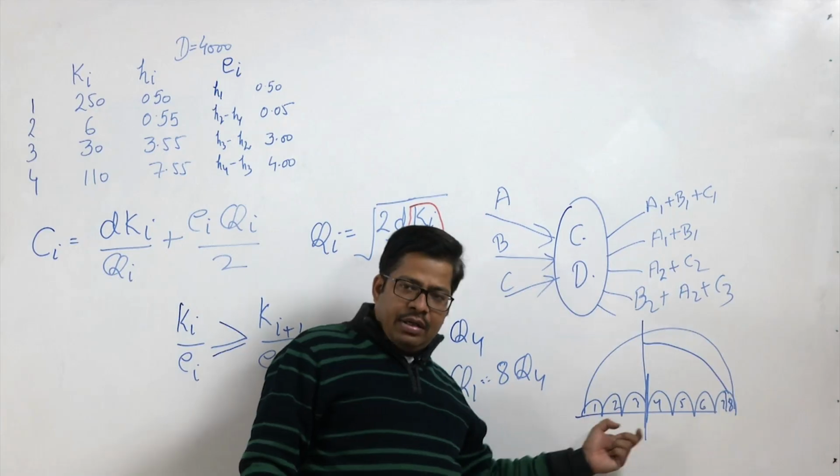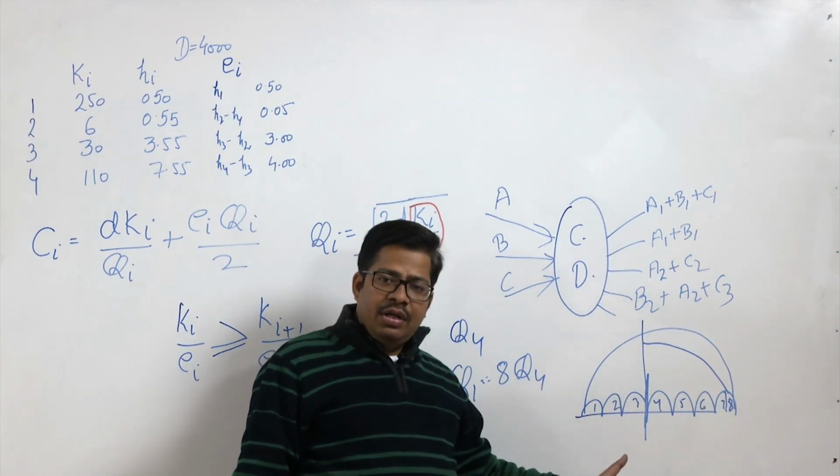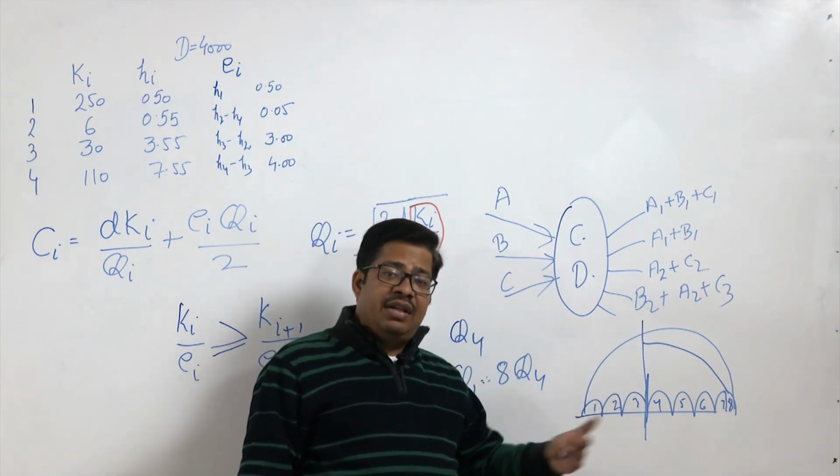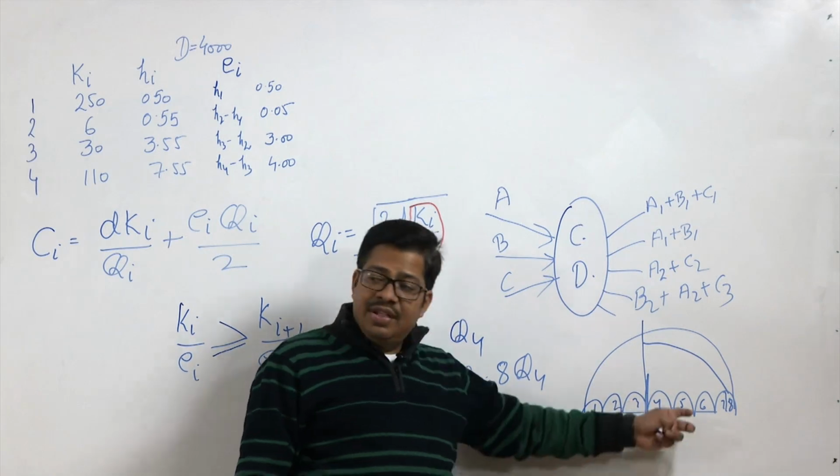It is 8 times your Qn, but if I talk of a rural supply chain, the values may further increase, and then this problem will be even more severe in that case.